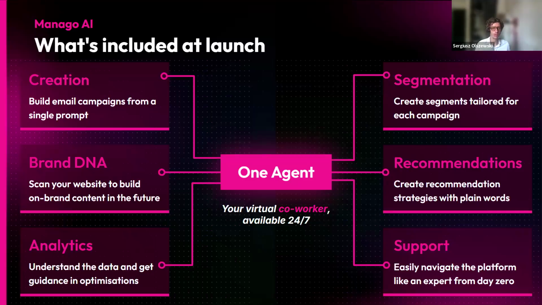We like to call this AI agent your virtual coworker. Someone who's always there for you, who can perform the tasks given to it, and who can actually help you with day-to-day activities.